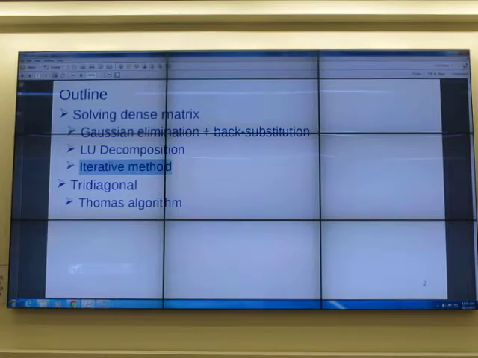For solving sparse matrices, this one is the tridiagonal. You have the Thomas algorithm. Tridiagonal means it's zero everywhere except 3 lines in the middle on the diagonal from top left to bottom right. Tridiagonal matrices appear quite a bit when you do finite difference.